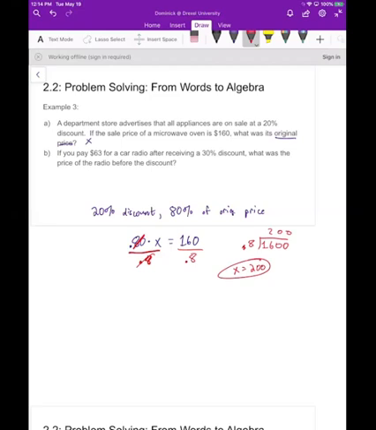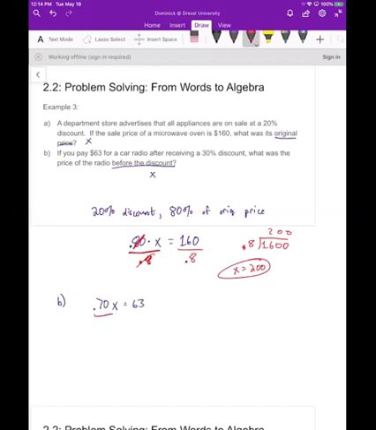Similarly, in part B, we're told that we pay $63 for a car radio after receiving a 30% discount. We want to know the price before the discount. So we'll call that X again. If we take 30% off, we're really just taking 70% of the original price. So 0.70 times X should give me 63.